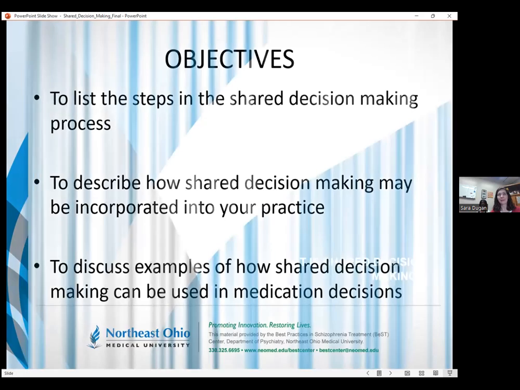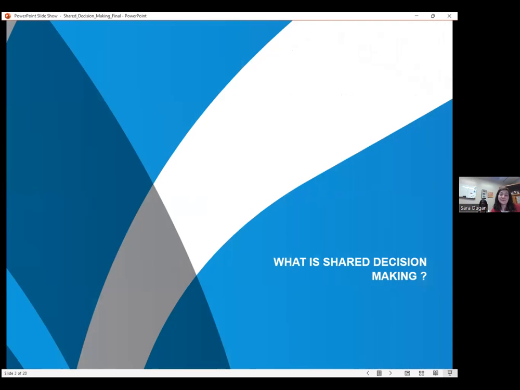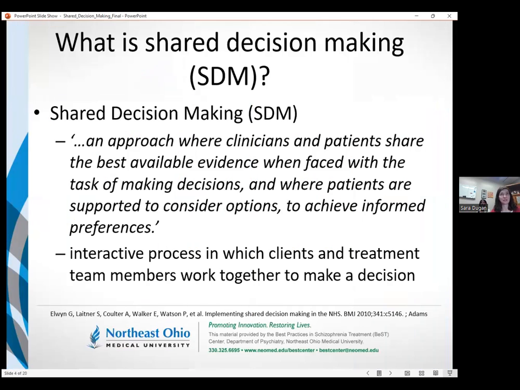All right, so I wanted to start with what's shared decision-making. So definitions first. Shared decision-making officially is an approach where clinicians and patients share the best available evidence when faced with the task of making decisions, and where patients are supported to consider options to achieve informed preferences. So it's an interactive process where patients and family members or caregivers and the treatment team all work together to come to a decision.